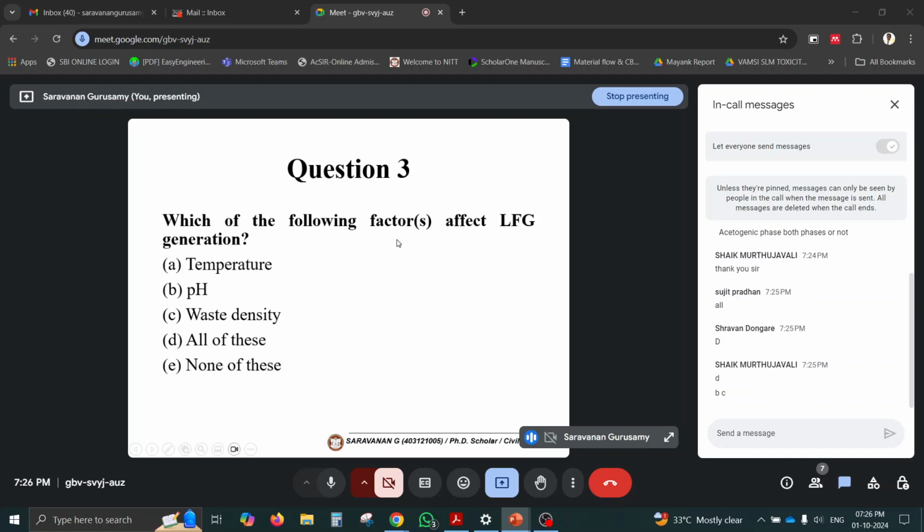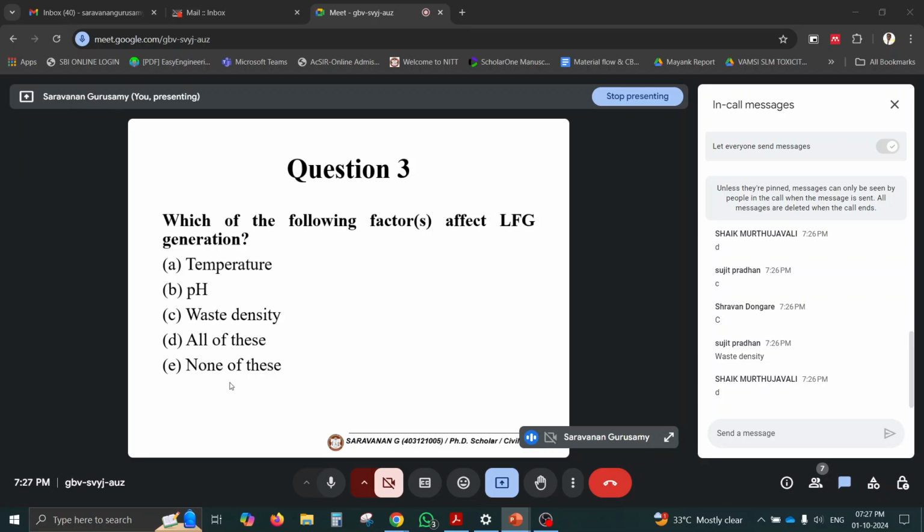Which of the following factors affect landfill gas generation? Temperature, pH, waste density, all the above, none of this. Why will the temperature not affect the landfill gas?